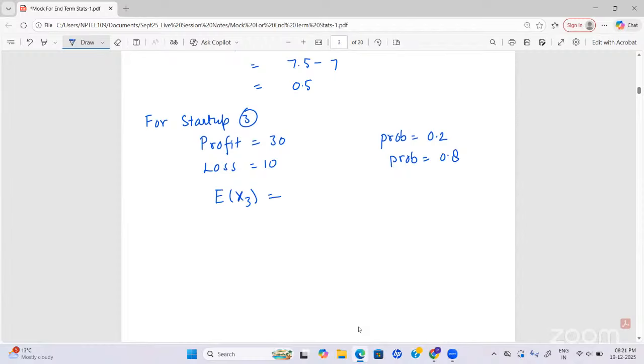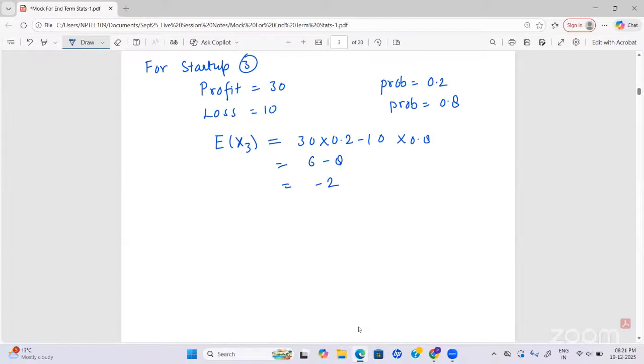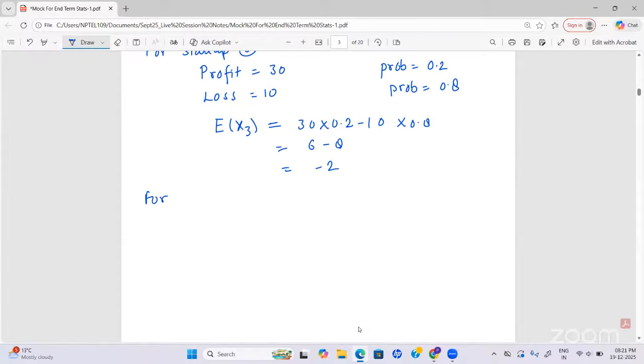Yes, that is clear. This will be 6 minus 8, which is minus 2. Then for the fourth startup, the profit is 40, with 0.1 probability.